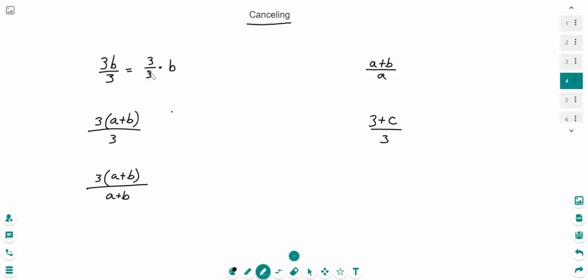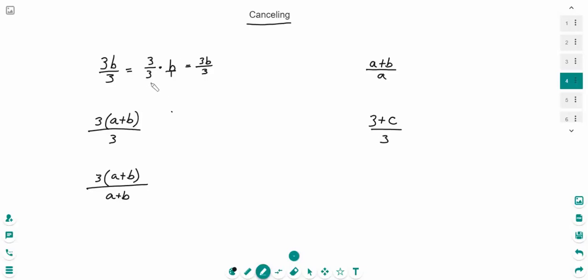And we can clearly see that if we were to multiply this out, we'd have to place the b over a 1 so that we have fractions, and then multiply the numerators, and that would give us 3b, multiply the denominators, and that gives us a 3. So clearly we're not changing anything by writing it as 3 over 3 times b.